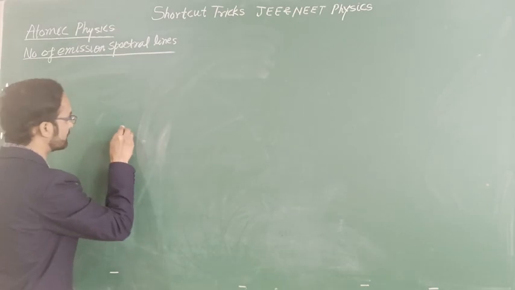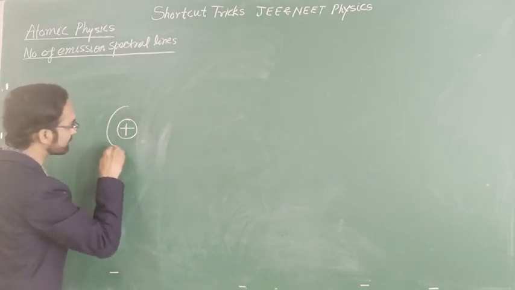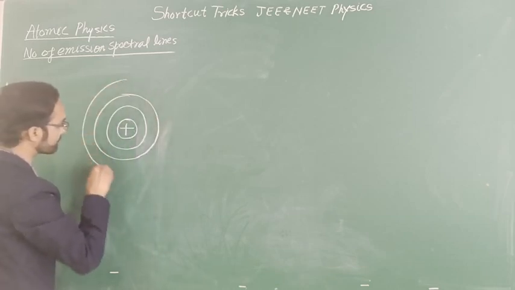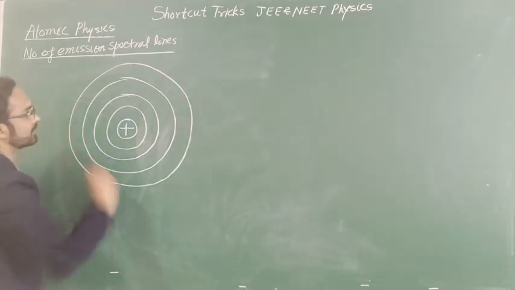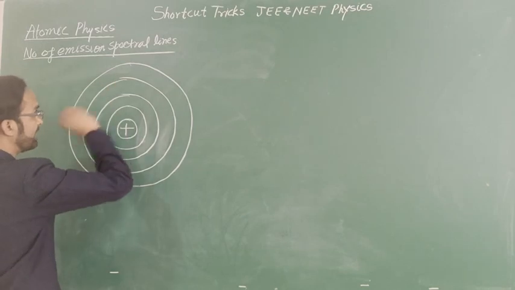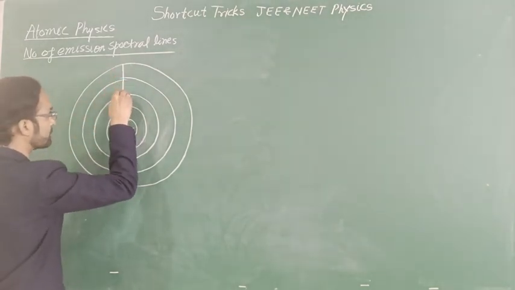Okay, suppose this is the nucleus, and around the nucleus there are different orbits, and in these orbits electrons are revolving. Okay, and now suppose any electron falls from higher energy state to lower.